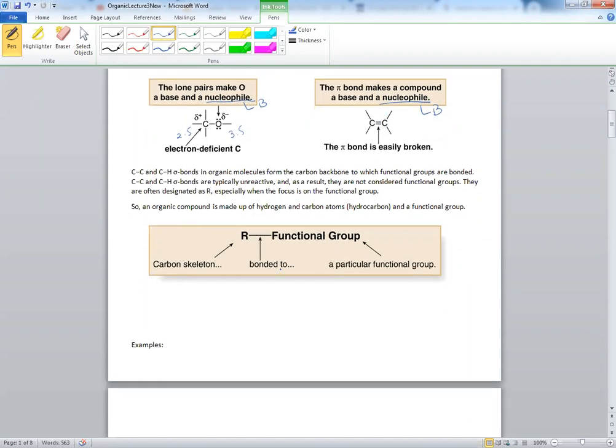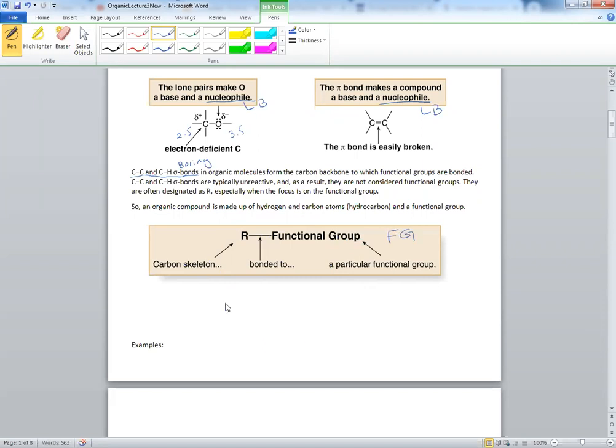I usually say that carbon, carbon, carbon, hydrogen bonds are boring bonds. Really, they are boring bonds. There's not much going on here. So what makes a compound different is the functional group. So it always goes this way. You have a carbon skeleton, there's a bond, and then there's a functional group, which is sometimes shortened to FG.